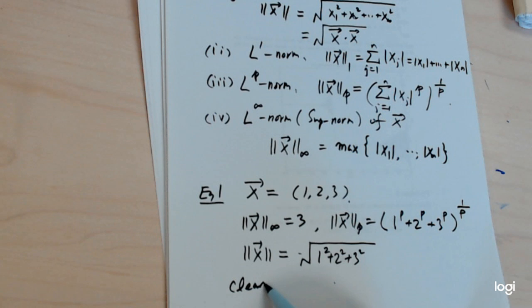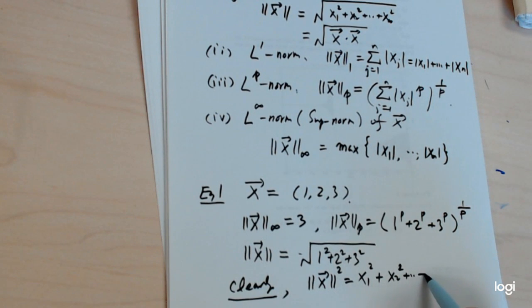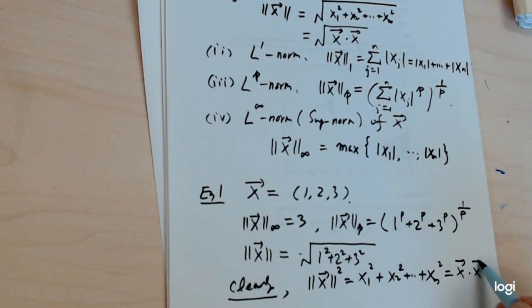Once again, I already mentioned this. Clearly, the L2 norm squared, which is x1 squared plus x2 squared and so on, this sum here, is actually just the dot product of x with x itself.